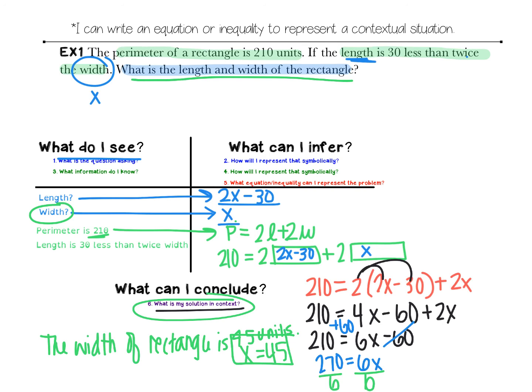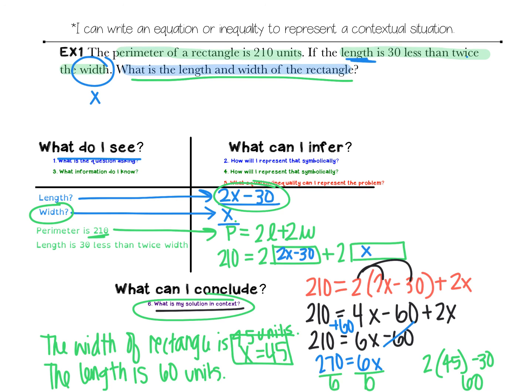Now, to find the length, I've got to find 30 less than twice the width. So essentially, I'm going to go back and say twice the width minus 30. And so when I do twice the width minus 30, I get 60. So the length is 60 units.